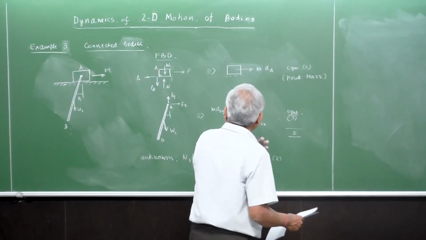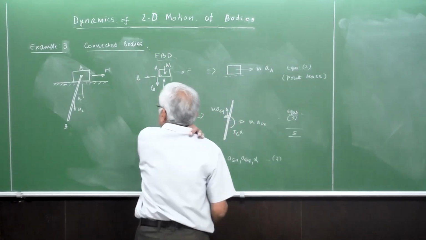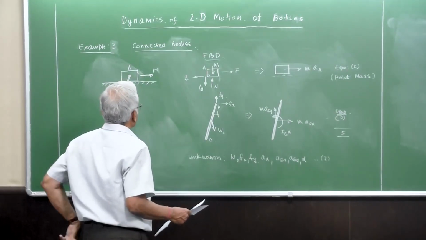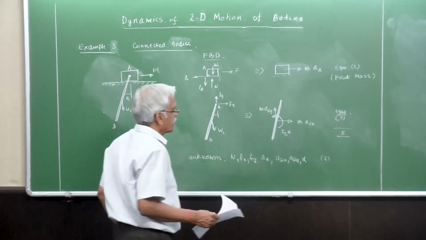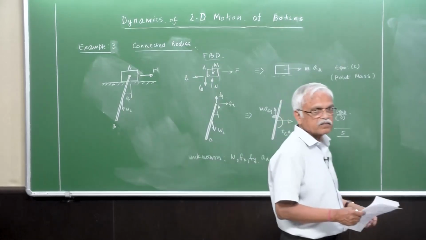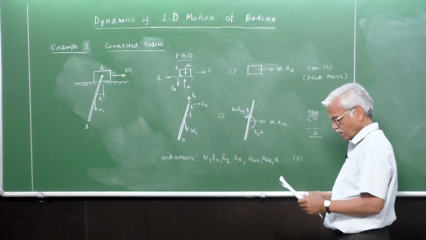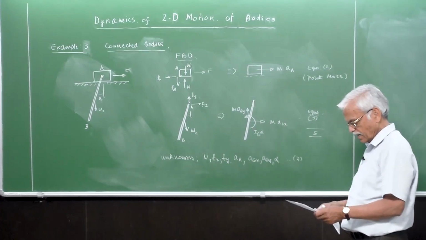So we have to put the constraint here. Constraints are that point A has, of course, a horizontal motion only, obviously, right? That's what we are using anyway. And what else?